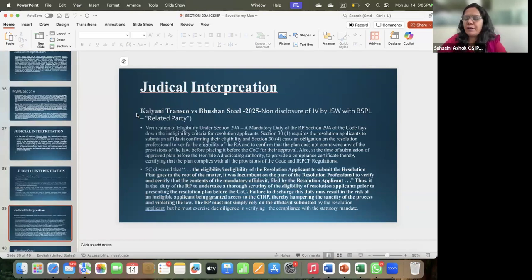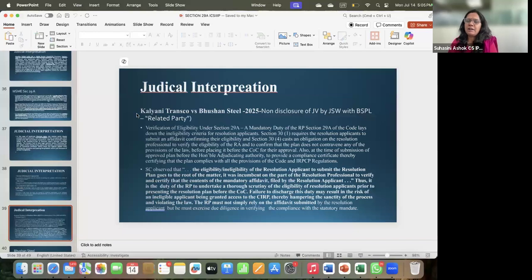Now one more important, very recent judgment is Kalyani Transco versus Bhushan Steel, concerning non-disclosure of a joint venture by JSW with Bhushan Steel, who is a related party. The resolution professional, without doing proper diligence of section 29A, allowed JSW to bid for BSPL.